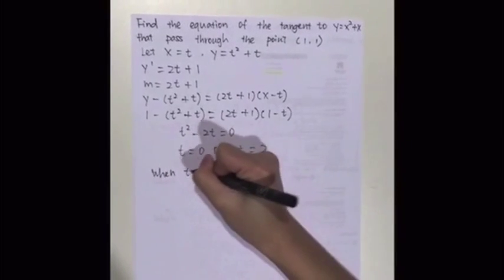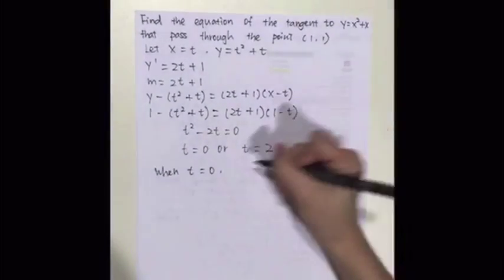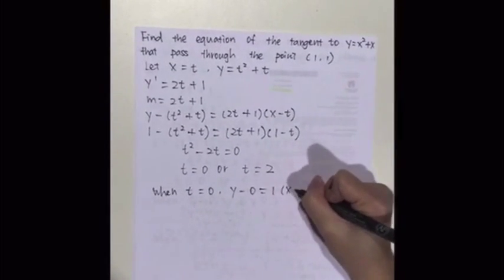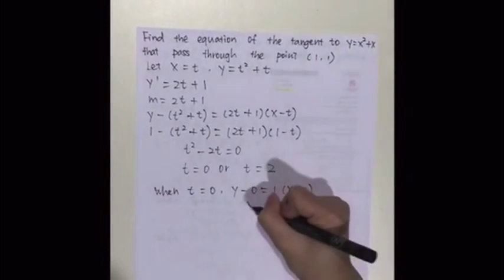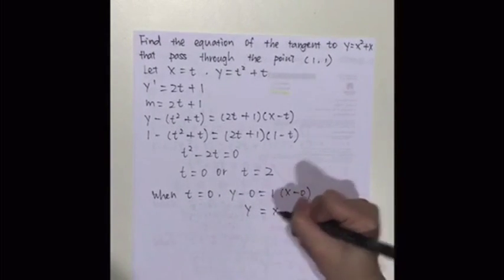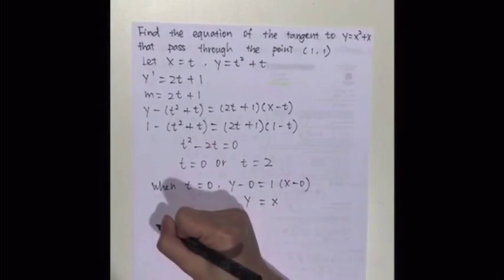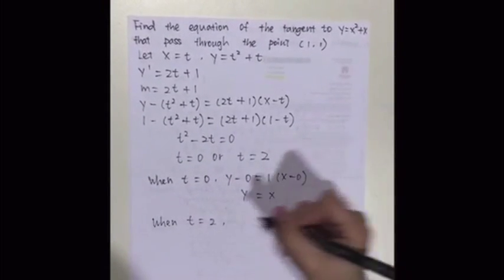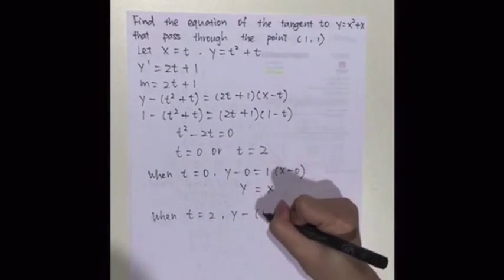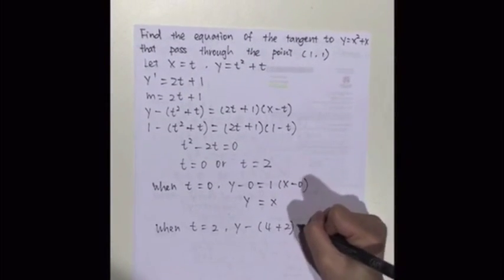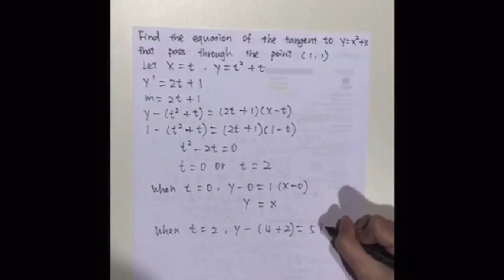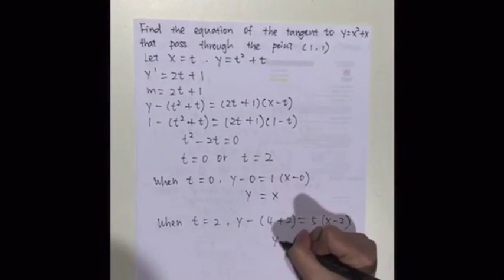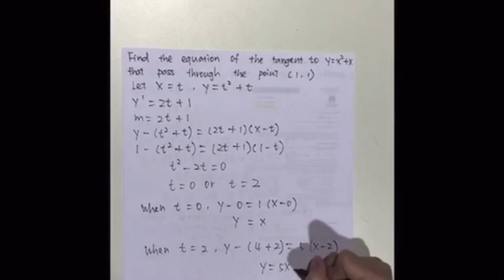When t equals 0, the function becomes y minus 0 equals 1 times x minus 0. So y will equal x. If t equals 2, the function is y minus (4 plus 2) equals 5 times (x minus 2). So y will be 5x minus 4.